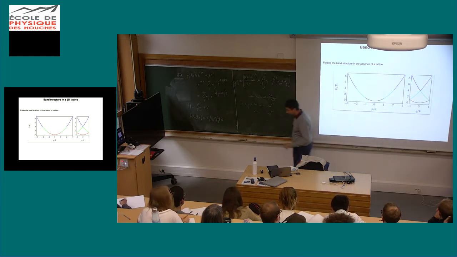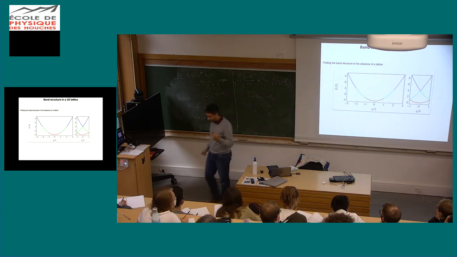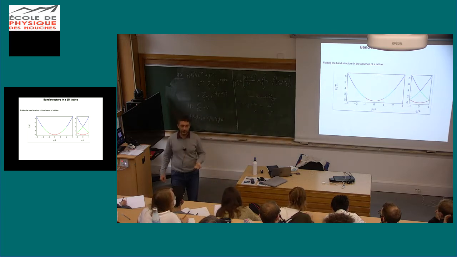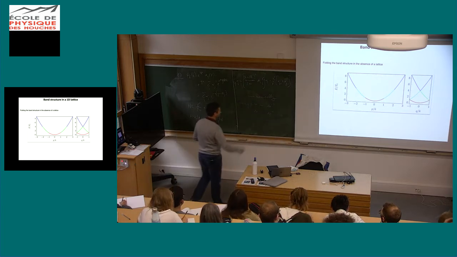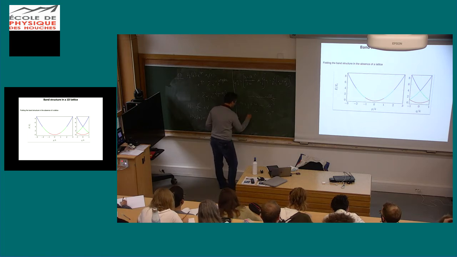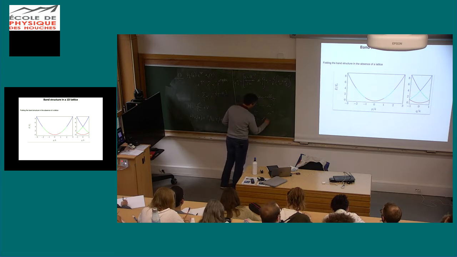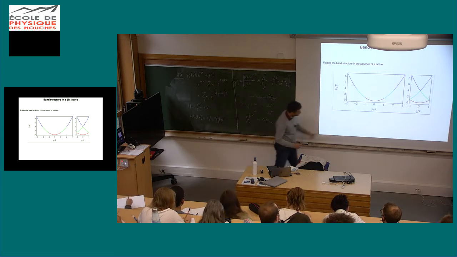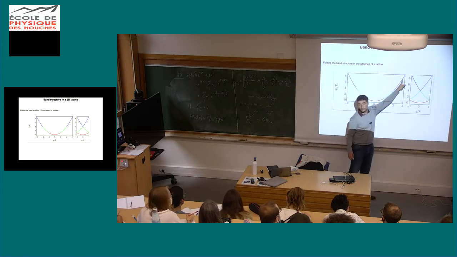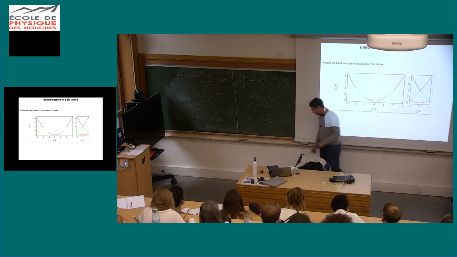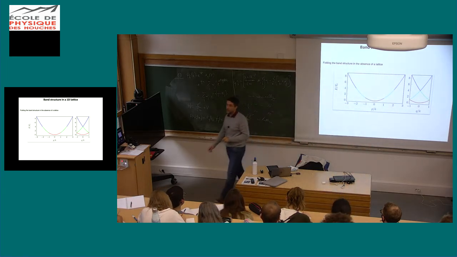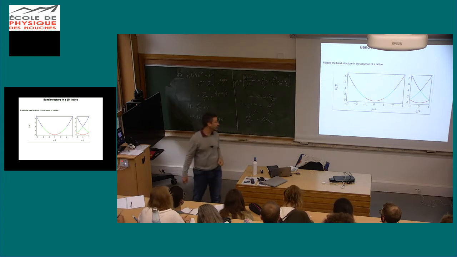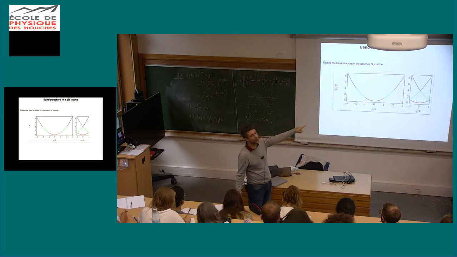If you take the eigenenergy of the particle without the lattice, which is simply h bar k squared over 2m, this is the parabola plotted here. If I fold this parabola onto the first Brillouin zone, this is what you obtain.